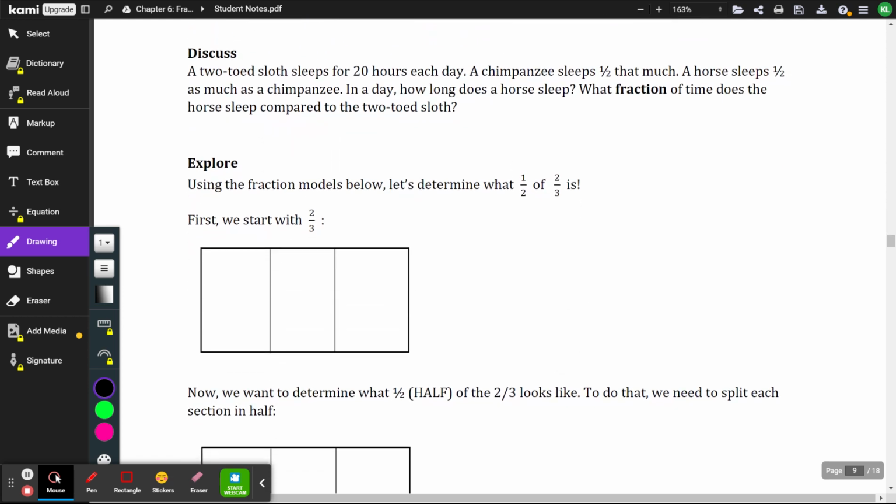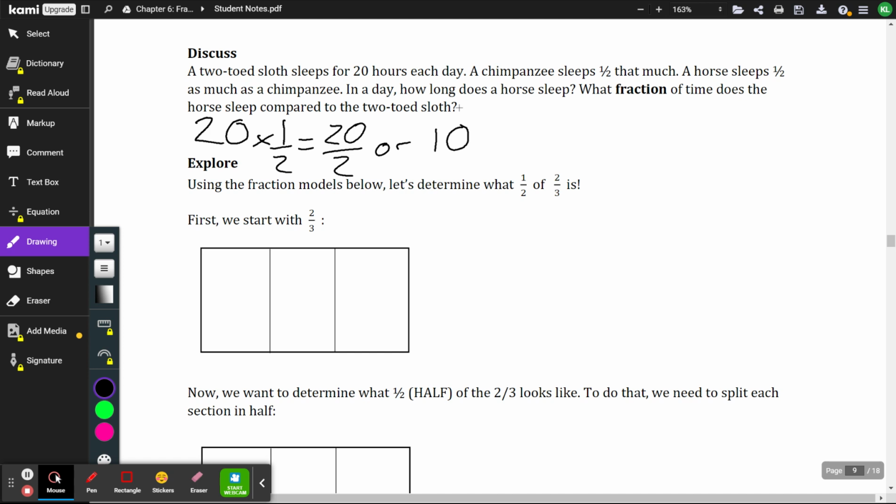All right, so we can solve this by multiplying a whole number by a fraction. So if I look at a two-toed sloth sleeps for 20 hours, a chimp sleeps half that much. 20 times 1/2 is equal to 20 over 2, or 10.